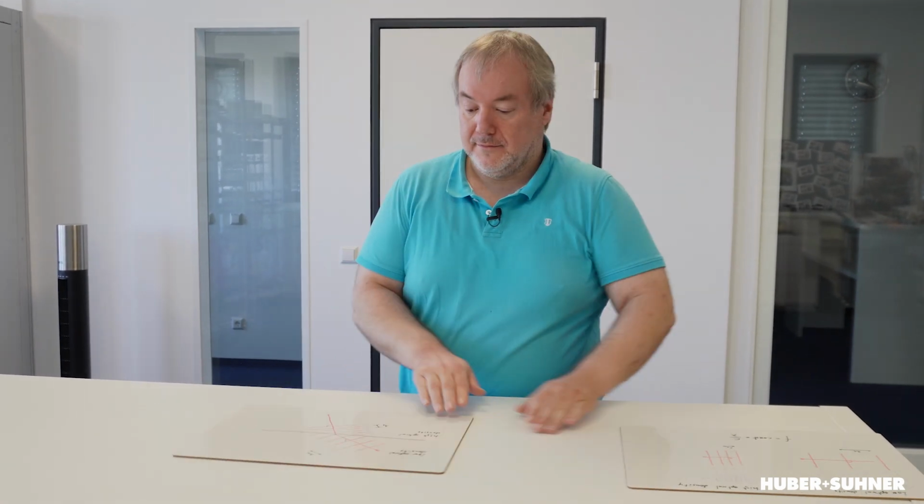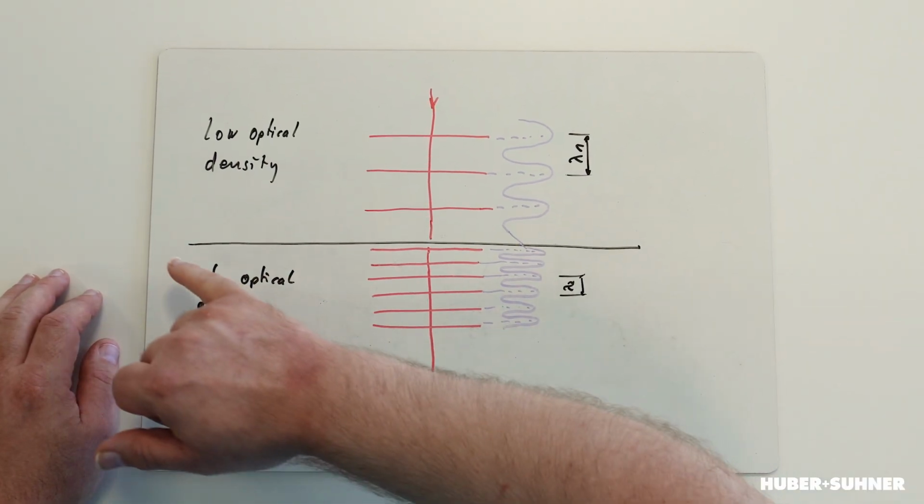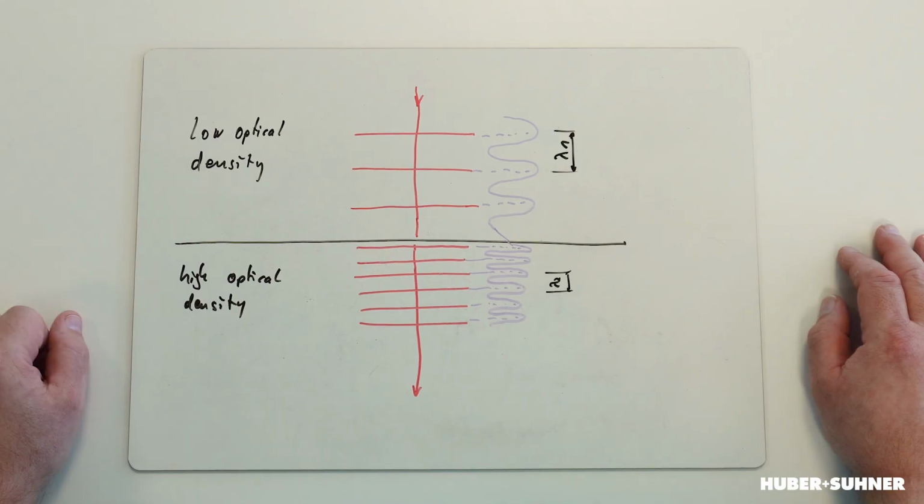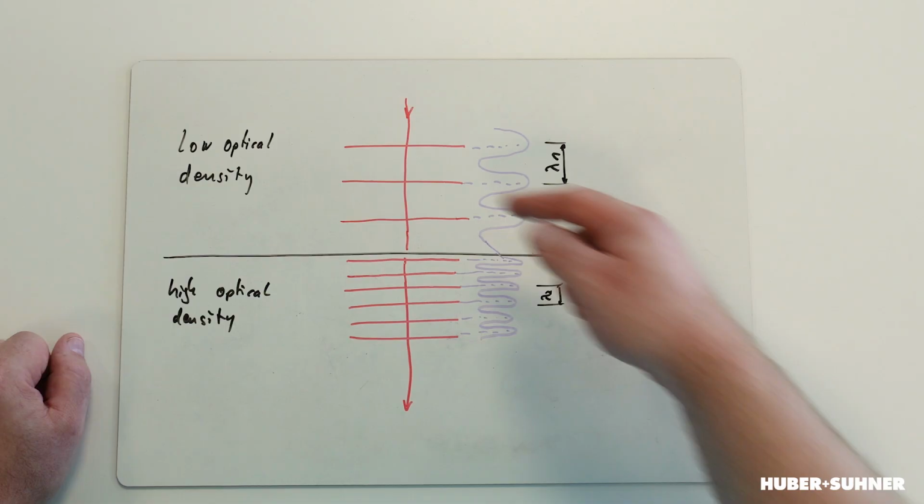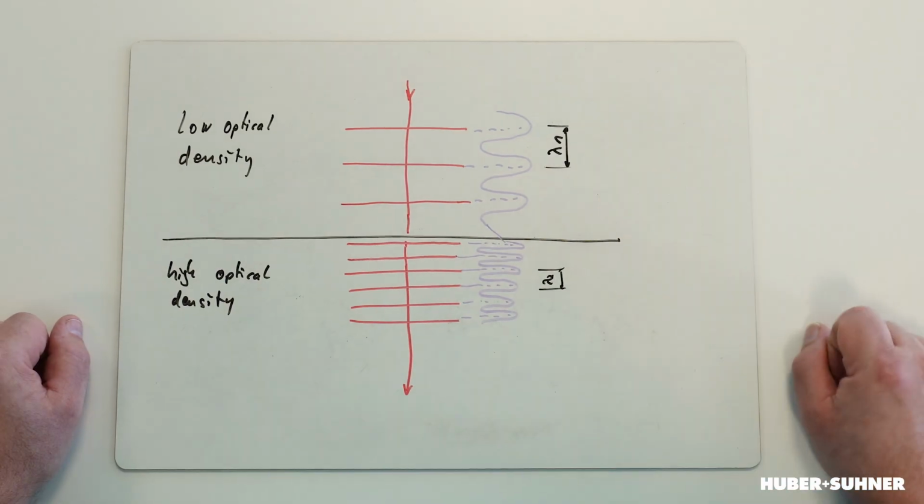Now, what happens if we now have two materials and there's a surface? Let's have a closer look here. The black line indicates the interface between two materials. One is of lower optical density, the other one of a higher optical density. And once again, here you can see the wavefronts, these horizontal red lines.